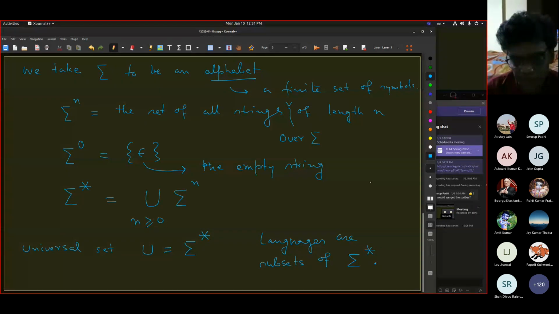It's just a simplification in the definition. Otherwise, we have to talk about languages of numbers, languages of graphs, and so on. But now I define languages as subsets of sigma star. So, sir, whatever we need to represent the universal set, that we take as sigma star.